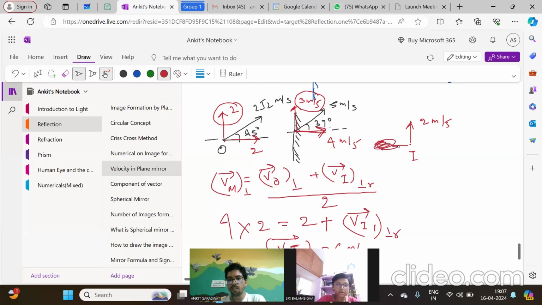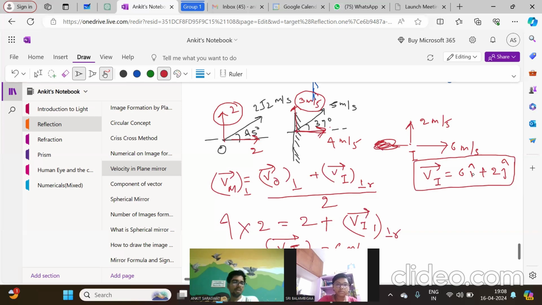Plus 6, okay? So velocity of image will be 6i plus 2j. Any doubt? No doubt, sir. Very easy question. And if they are asking the magnitude, under root 6 square plus 2 square.